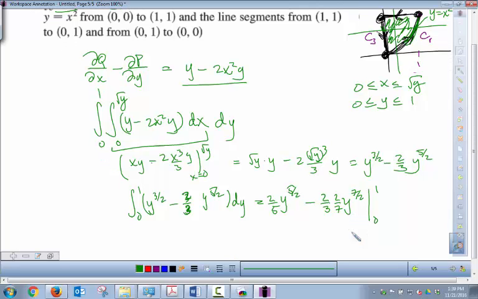Whew. All these fractions. 2/5 minus 4 over 21. What's this equal to? What is it, 22? Over 105. Cool.